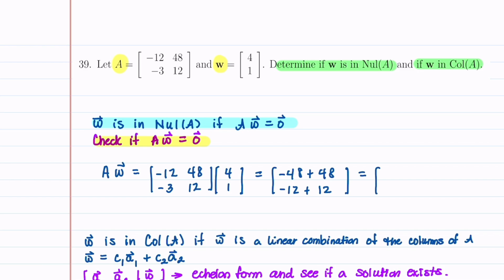And you can see that this is equal to 0, 0, and this is our zero vector. So we can conclude that W is in the null space of matrix A.